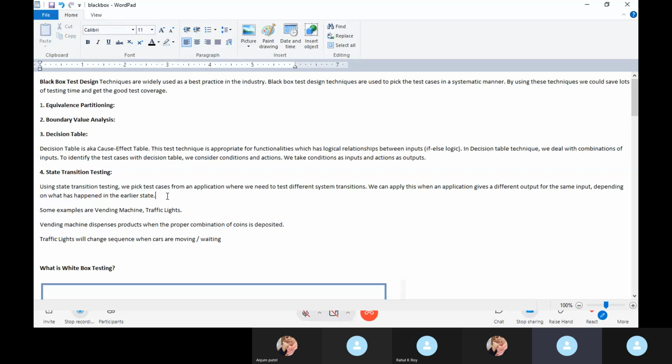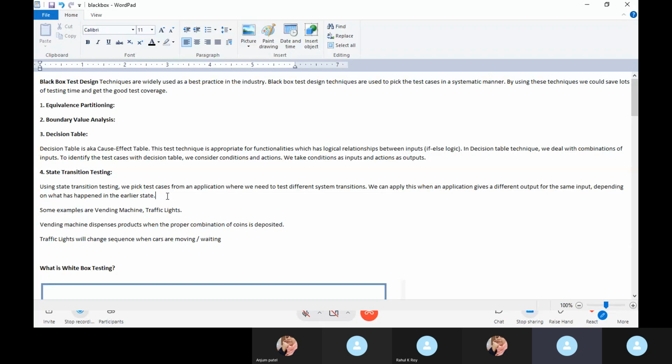Or let's take it as 3,000 rupees. First time you entered 3,000 rupees, and as an output you got 3,000 rupees from the ATM. Now again, the second time you entered 3,000 rupees, and the ATM has given you 3,000 rupees. So 6,000 rupees has been withdrawn.